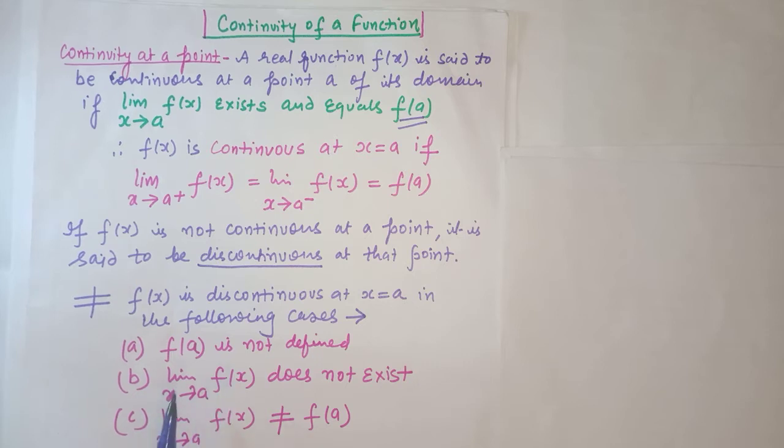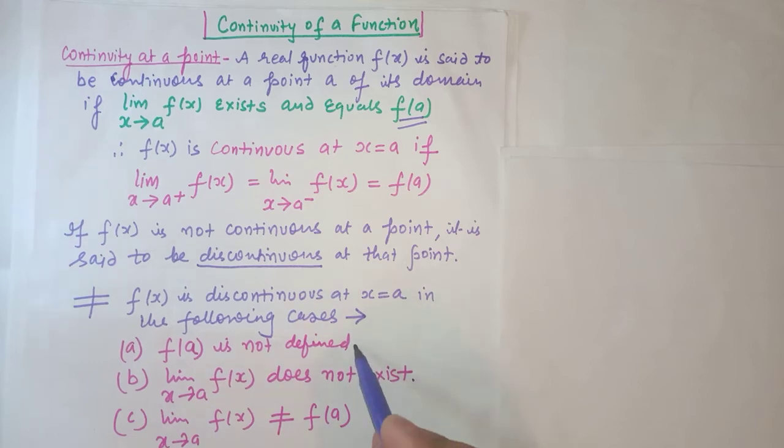If the limit as x tends to a of f(x) does not exist, clear? And if the limit of the function as x approaches a is not equal to the value of the function at x equal to a.